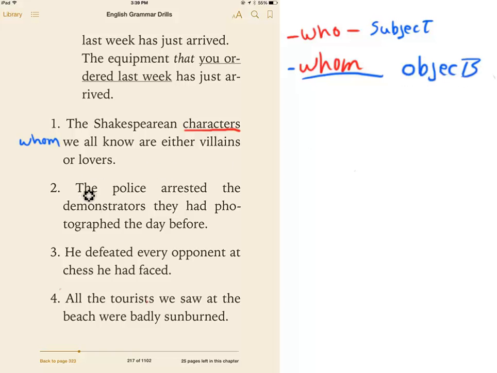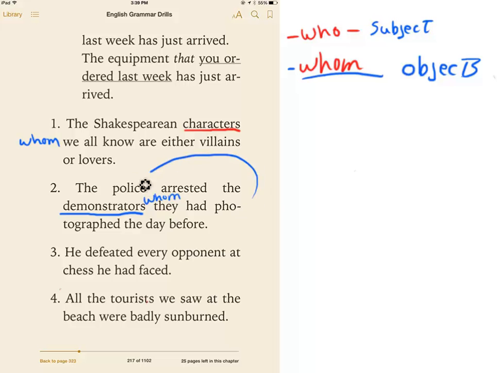It says: the police arrested the demonstrators they had photographed the day before. Well, demonstrators are people, so I already know that it's whom. The police arrested the demonstrators whom they had photographed the day before. Why is it whom? Are the demonstrators doing anything? Who photographed?